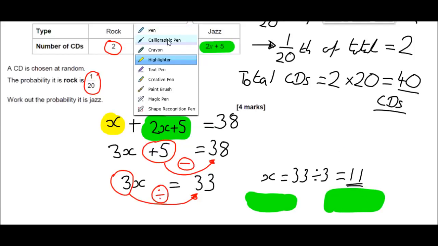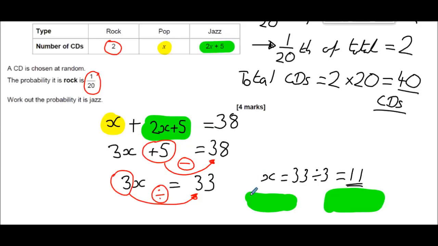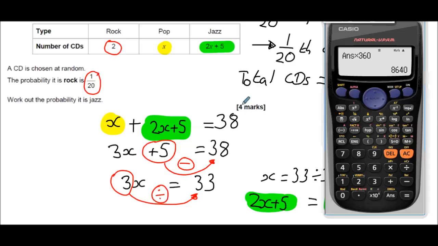Now that we've just worked out what x is, we can substitute in this value for x. Because x is 11, 2x means 2 lots of x, so that's 2 lots of 11 plus 5. So the total number of jazz CDs is 27.